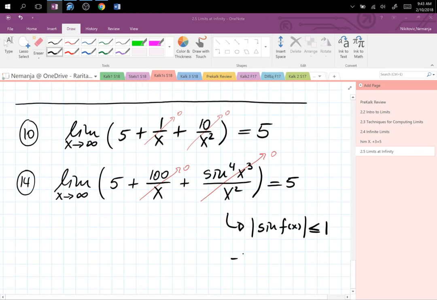Now this means that -1 is less than or equal to sine of whatever function you stuff inside, which is less than or equal to 1. So this term is just as good as 1 over x squared. And we had this within the squeeze theorem as well, that the sine is bounded.